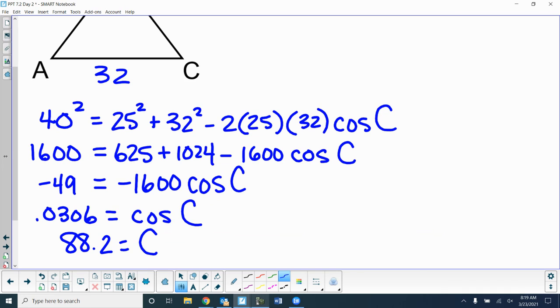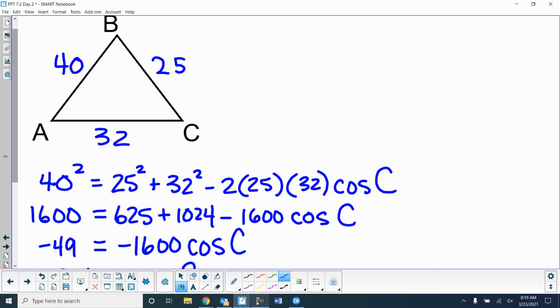Okay, that's degrees. So that's what this angle is now. So, any questions on how to start that?